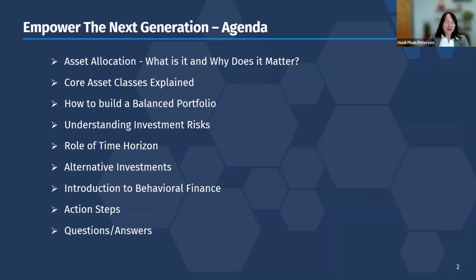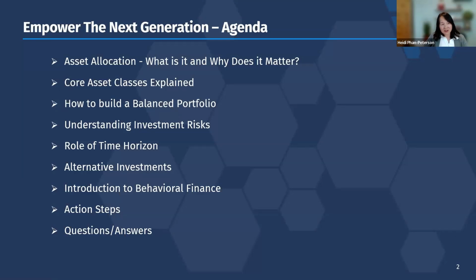Today we're going to go over a few topics. The first we're going to talk about is asset allocation, just generally, what is it and why does it matter? Then we will go into explaining the core asset classes, and then talk about how to build a balanced portfolio and what that means.